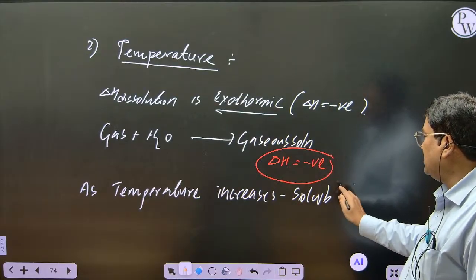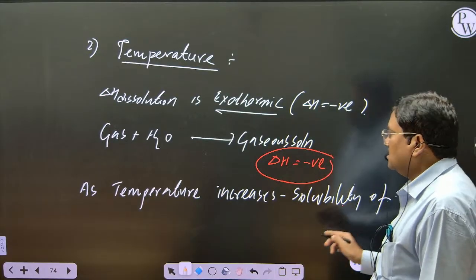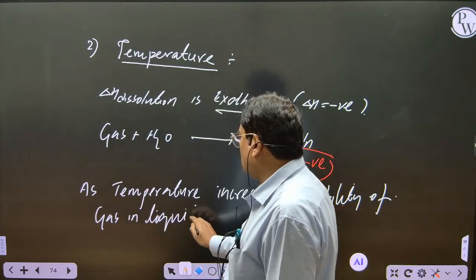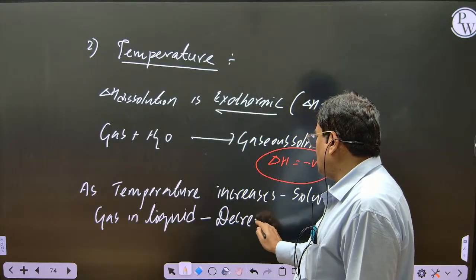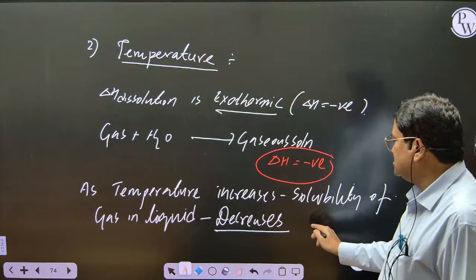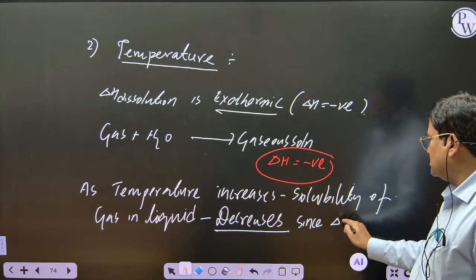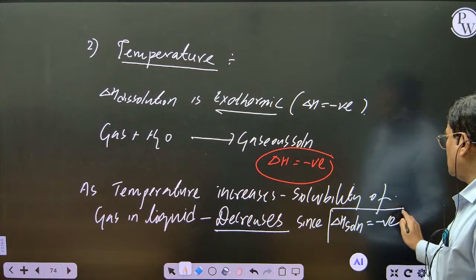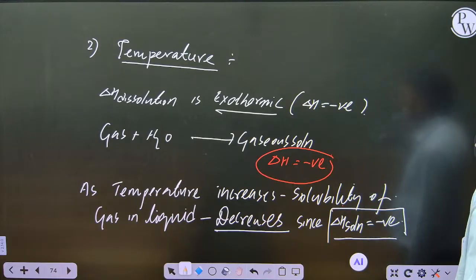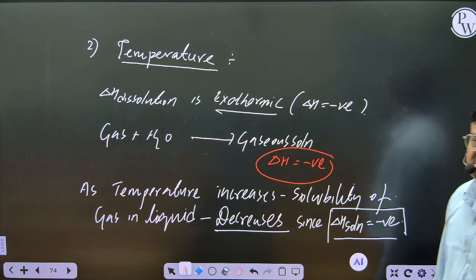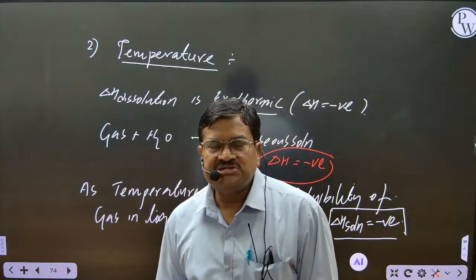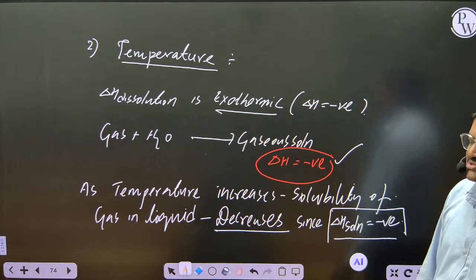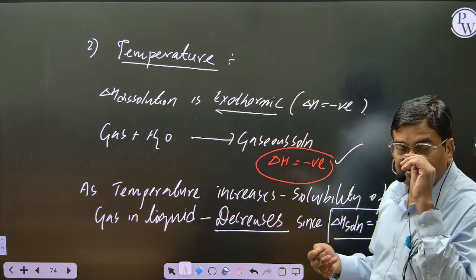Solubility of gas in liquid decreases, since delta H of solution is exothermic. Understood? Whereas dissolution of solid in liquid can be both exo as well as endo, here it is only exothermic, meaning heat is evolved. So with increase in temperature, solubility of gas in liquid decreases.